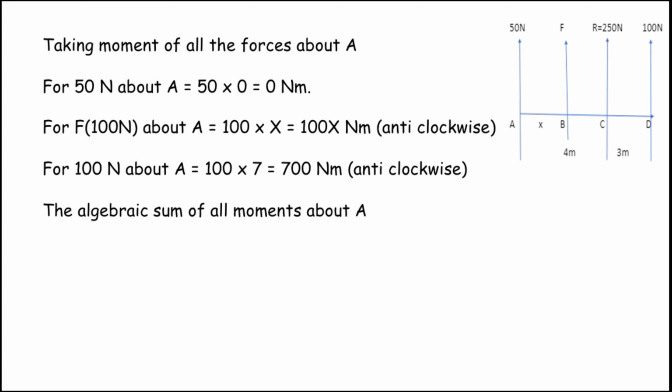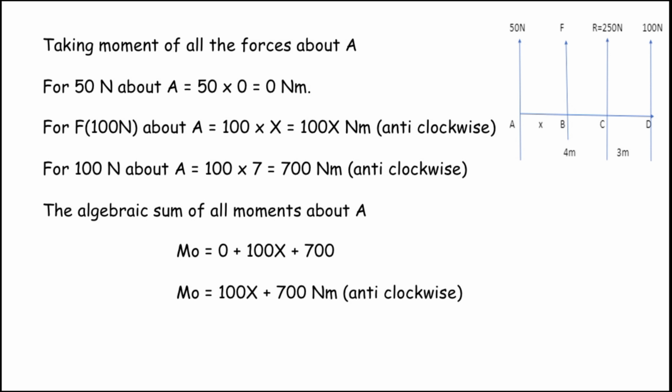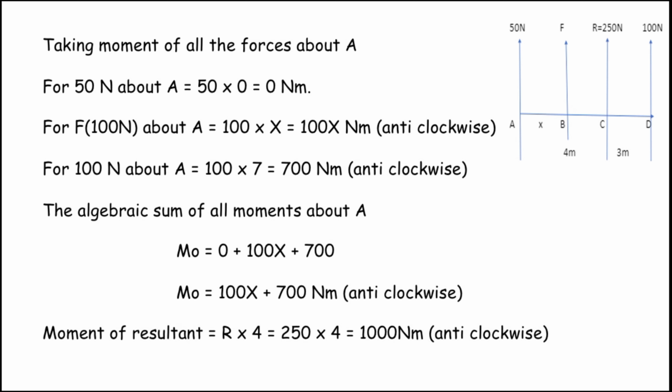So, the algebraic sum of all moments is 0 plus 100x plus 700, that is 100x plus 700 Newton meter, anti-clockwise. And the moment of the resultant is R into 4. The 4 comes from the distance of A and C. So, 250 into 4 is 1000 Newton meter.